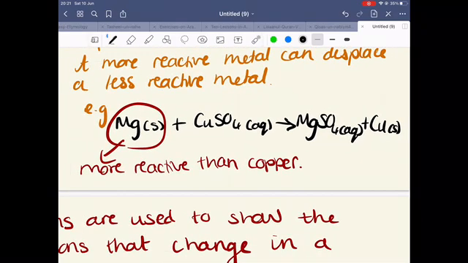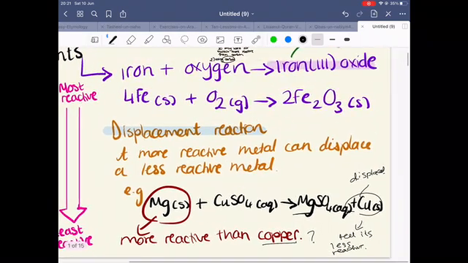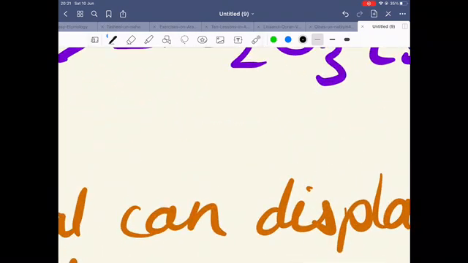For example, if you didn't know the position of magnesium and copper on the reactivity series, how do you know which one's more reactive? You can see that the copper has been displaced by the magnesium because a new compound has formed. This is because the magnesium displaces it, kicks out the copper, and then reacts with the sulfate in the compound, and then the copper is displaced because it's less reactive.